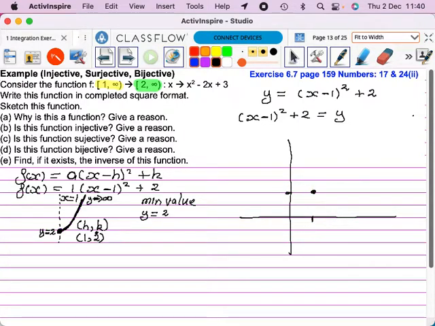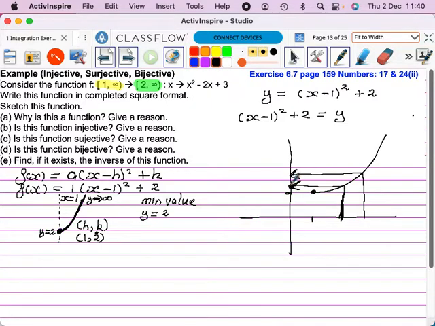This is where the graph starts, and it's a quadratic form, so it carries on like this. We're given a value of x, and that value of x will generate a value of y. So each value of x will generate one and only one value of y, which makes it injective.